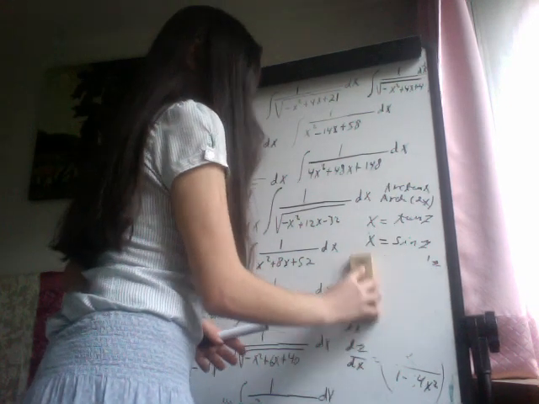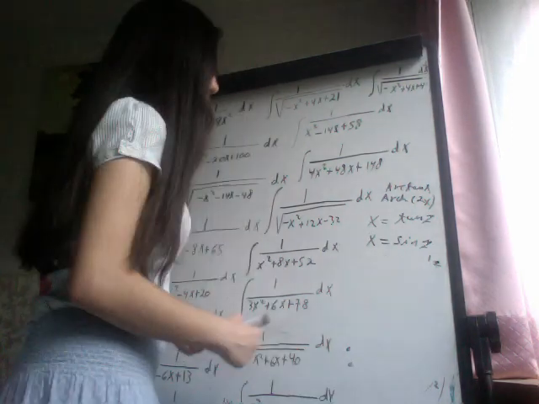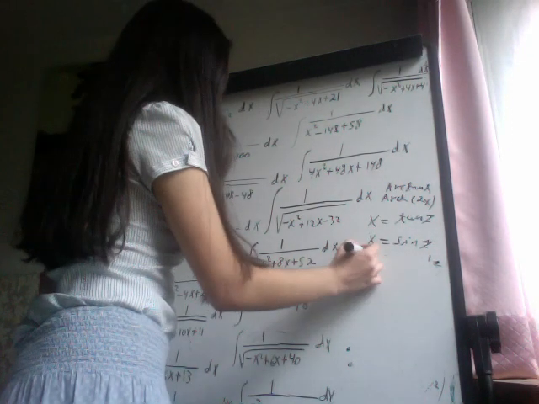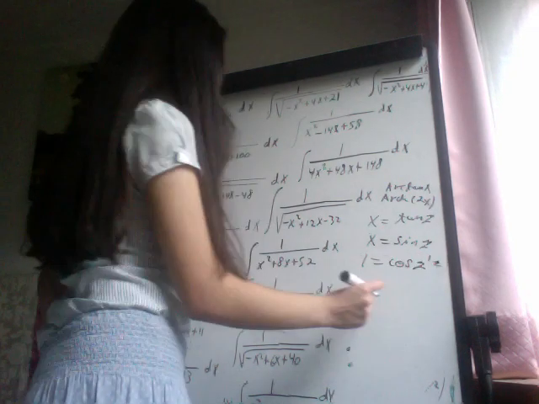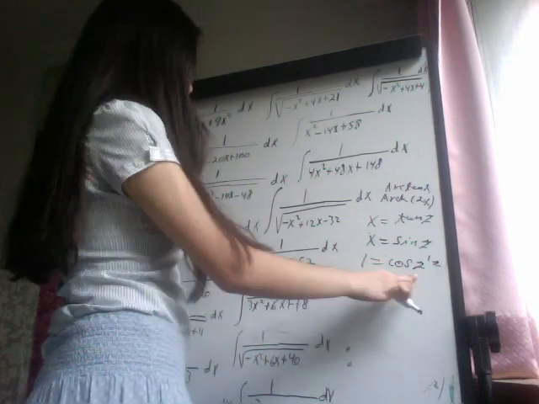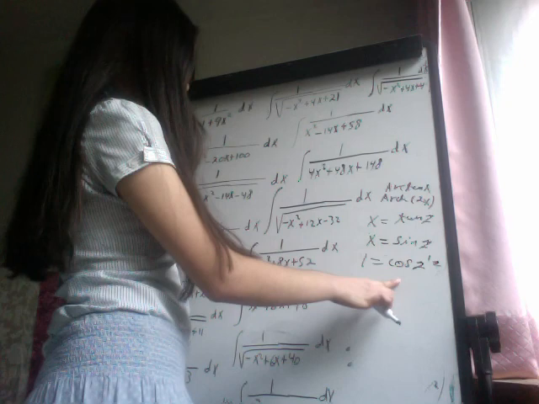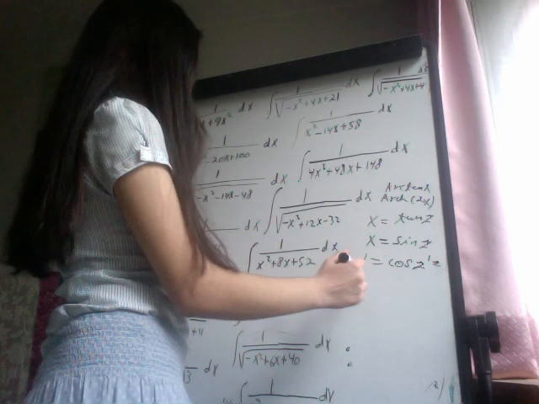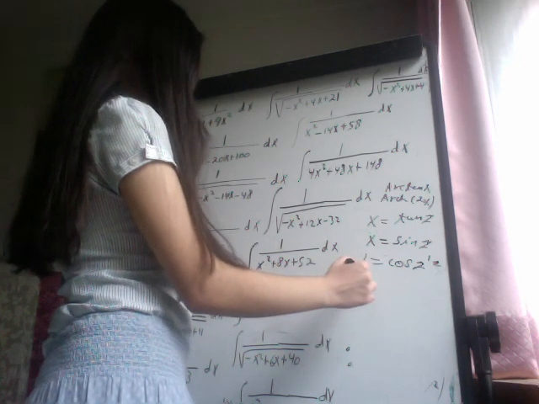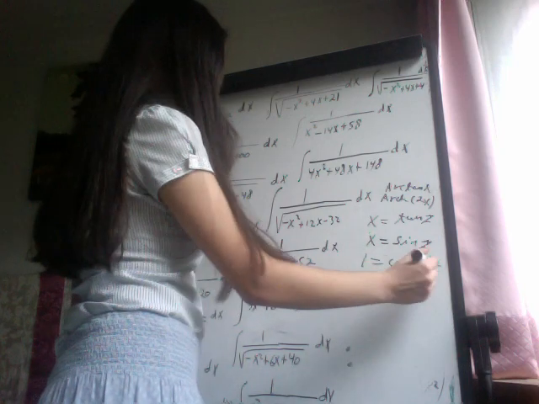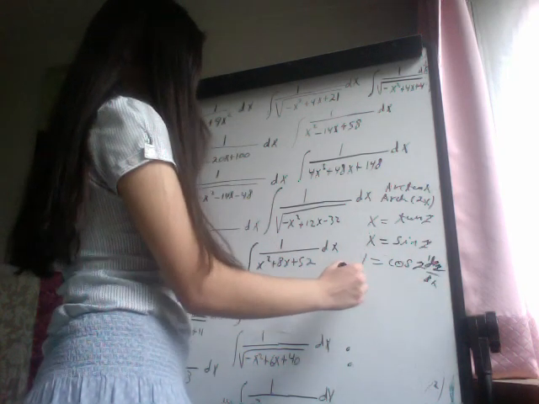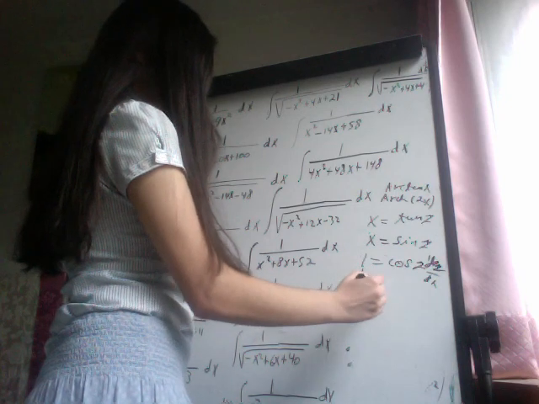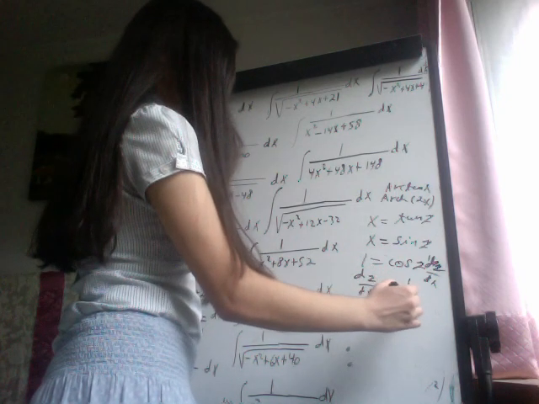And for sine, it's kind of a similar story. We will have, deriving this, 1 equals cosine y dy/dx. So dy/dx is equal to 1 over cosine y.